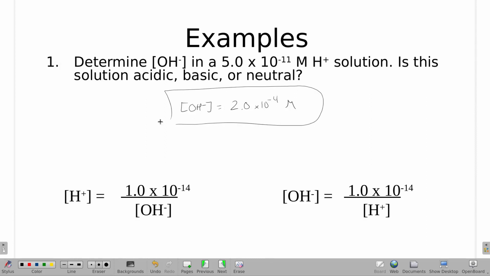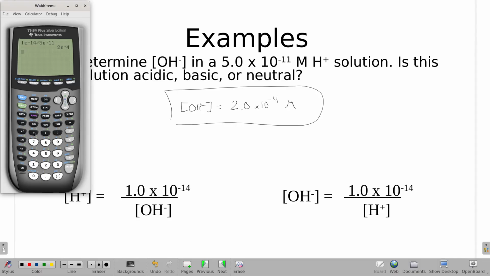Now do practice that. Some of your calculators might not have that EE button. And watch this. So if I do this by just typing it out, 1 times 10 raised to the -14th divided by 5 times 10 to the -11th. Doesn't that look like it's the same thing?